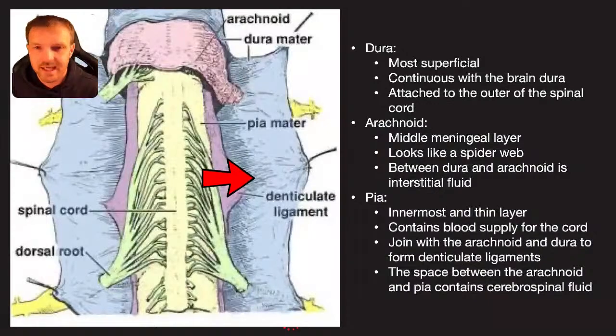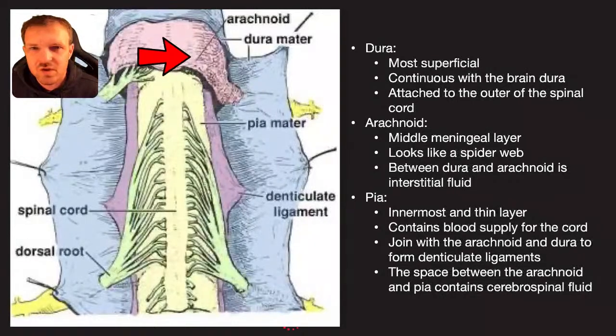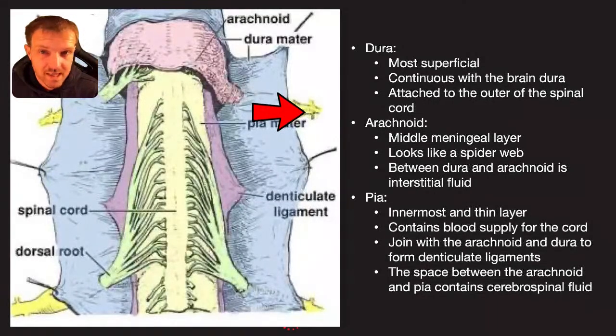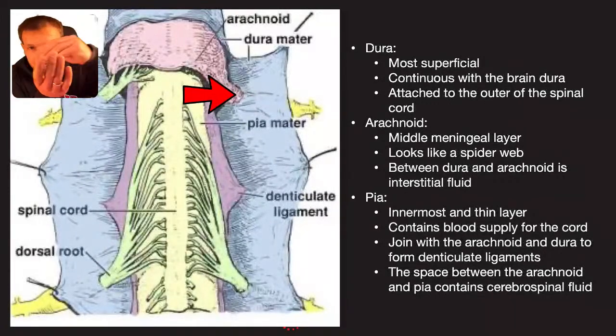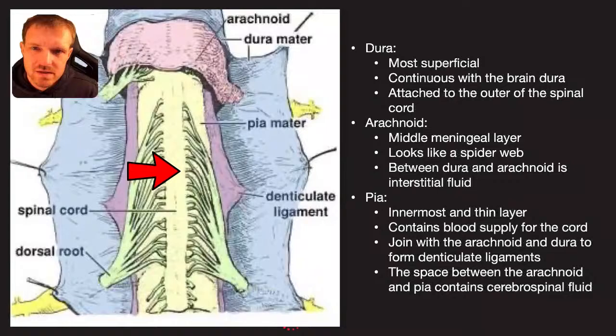It's all around here, and this is the dura that's been peeled back. This is a good image. There's the arachnoid, and then the nerve root just coming out there. You can see how the arachnoid and the dura cover the nerve root as it comes away from the spinal cord. These are all little rootlets.